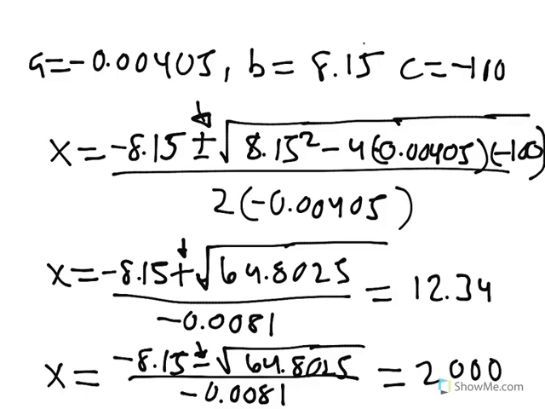So what this is saying is if Gregorio sells 12.34 umbrellas, that doesn't really make sense because you can't sell fractions of umbrellas, but around 12.34 umbrellas, his profit is going to be zero, and it's also going to be zero when he sells 2,000 umbrellas. So his costs are probably adding up too much. Those are the two values of x for the umbrellas where his profit is going to be zero.